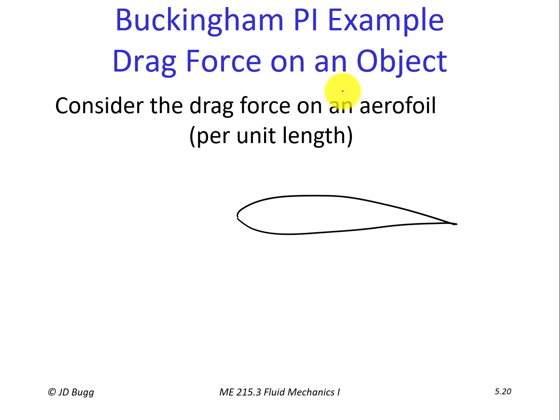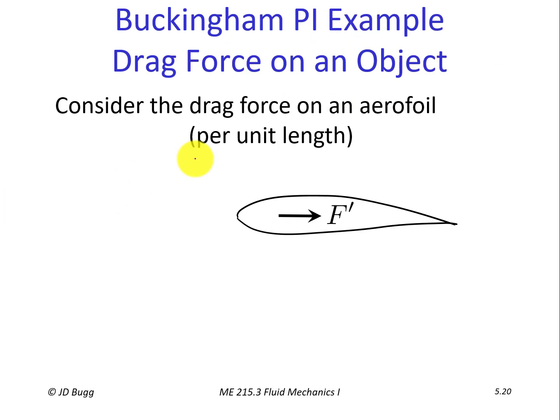We're going to look at the drag force on an object. Now, it could be any object, but we're going to look at an airfoil. So consider the drag force on an airfoil. For this situation, we're just looking at a 2-dimensional case. So imagine that this airfoil extends in and out of the screen to infinity, essentially, and the force that we're trying to find, the drag force, we're finding on a per unit length basis.